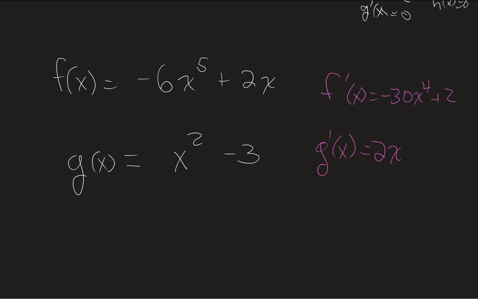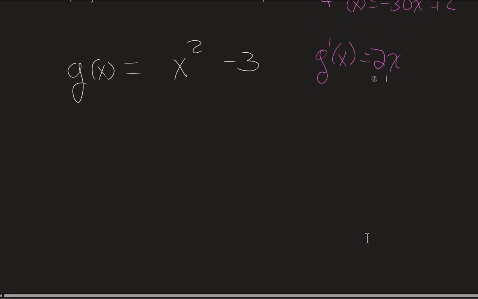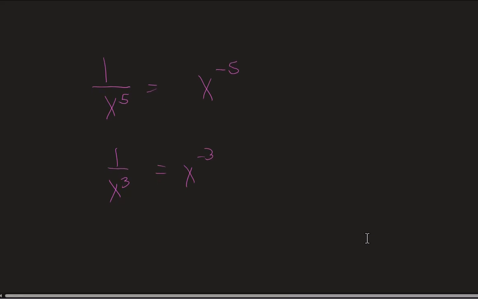Okay, so that's polynomials. Then you have things that work like polynomials, although they're not polynomials, but you still use the same rules. So recall that if I have 1 over x to the 5th, that's the same as x to the negative 5th. 1 over x to the 3rd, that's the same as x to the negative 3rd. So anytime you have something in the denominator, you can rewrite that as having a negative exponent.